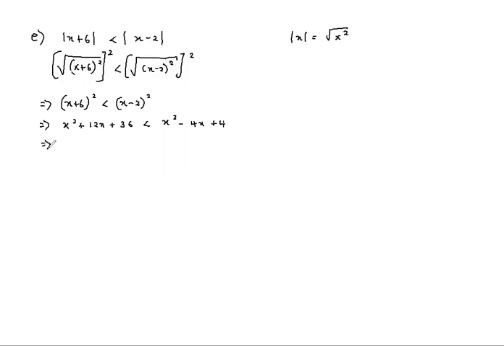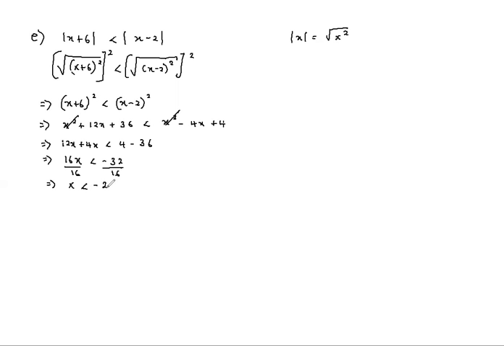So that when we put the x squares together, this and that will cancel. Then I'm going to have 12x plus 4x less than 4 minus 36. So that we get 16x less than negative 32. We divide by 16, divide by 16. So x is going to be less than negative 2.